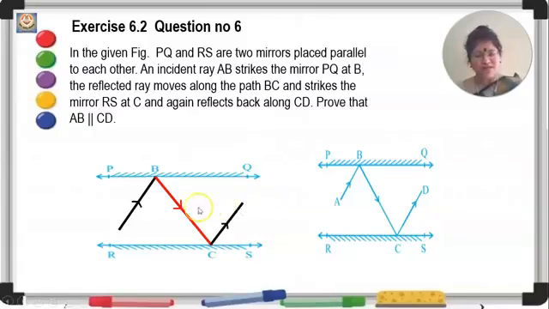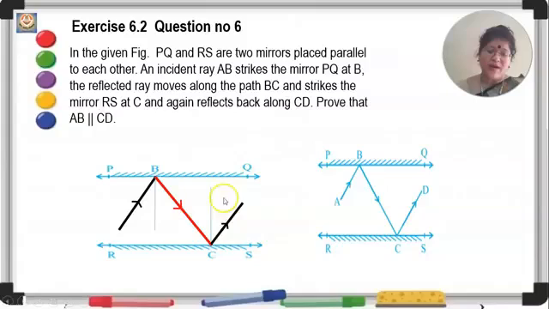Now how do we solve this? Here you have to prove that this line in black is parallel to this line in black, and it is given that this mirror PQ and this mirror RS are parallel to each other. So for that, students, we will take one line like this out here and another line out here. These two lines are called as normal.